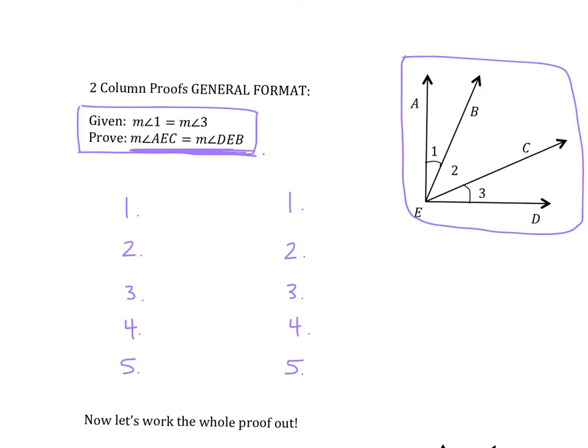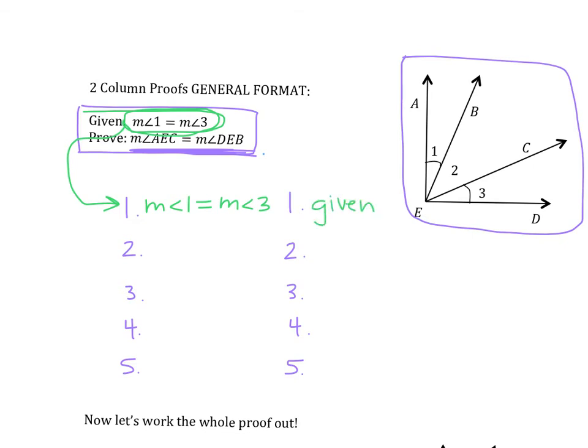How it works is you will always put this given information right here. So it's always going to say for our first step, the measure of angle 1 equals the measure of angle 3, and your reason for it will always be given.